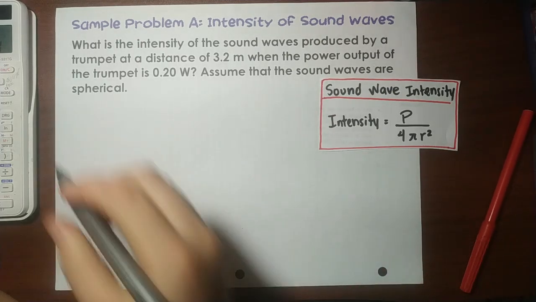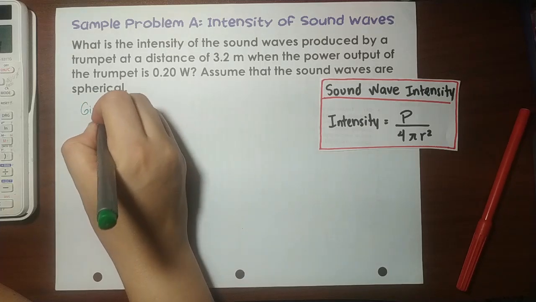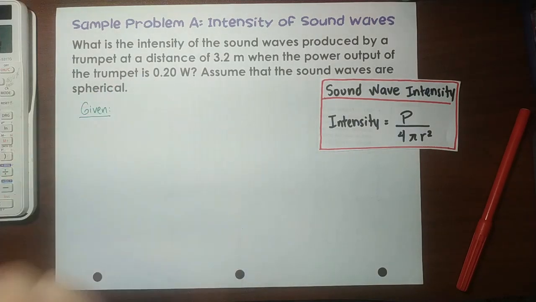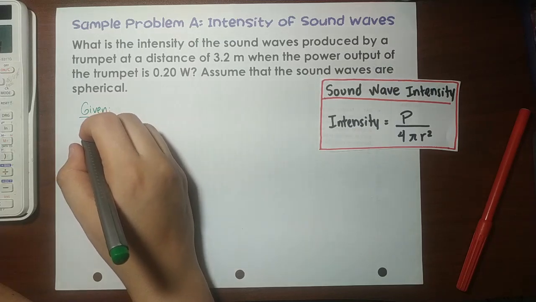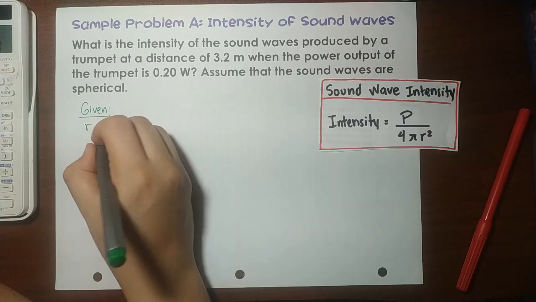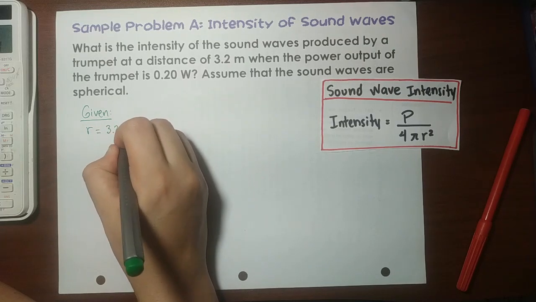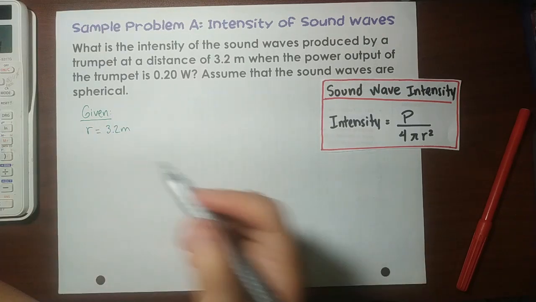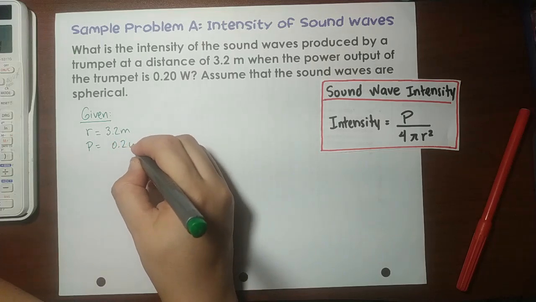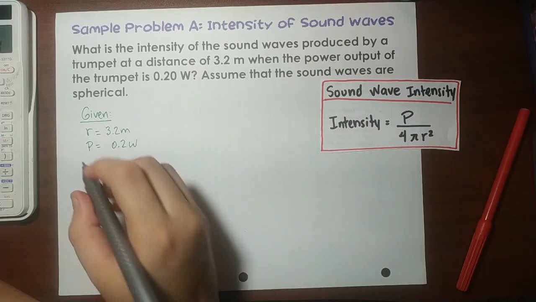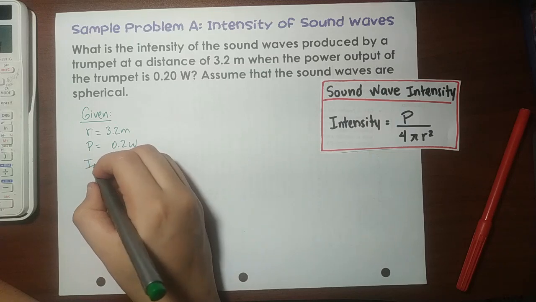Now we write the givens of this problem, and I have distance of 3.2 meters. That will be my radius, and the power output is gonna be, of course, my power, 0.2 watts. And I wonder what my intensity is.